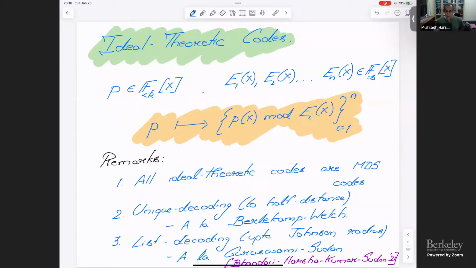And it takes a little more work, but you can show that even the list decoding algorithm, all the way up to Johnson radius, a la Guruswami-Sudan, works. That is, you can take exactly the algorithms which Mary talked about in her first two lectures, and these work for this entire family of ideal theoretic codes. The Berlekamp-Welch algorithm works up to unique decoding, up to half the minimum distance, and the Guruswami-Sudan algorithm works all the way up to Johnson radius for this entire family of codes.